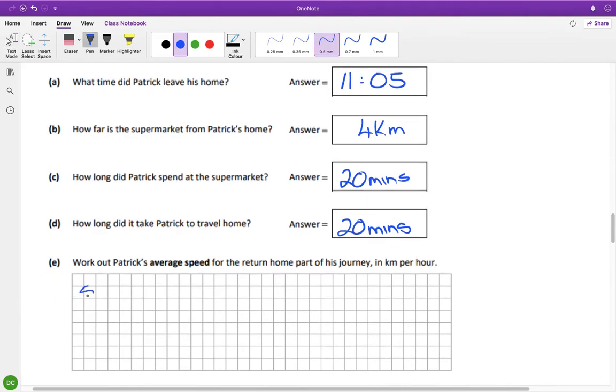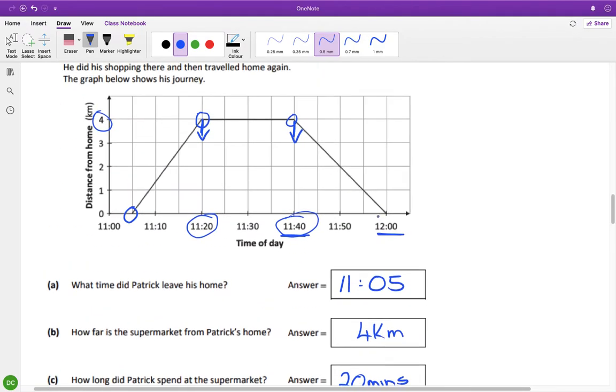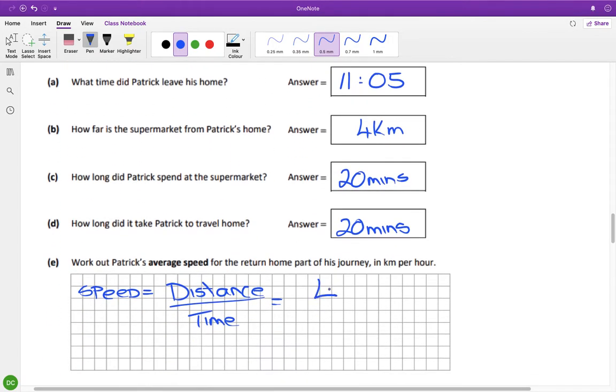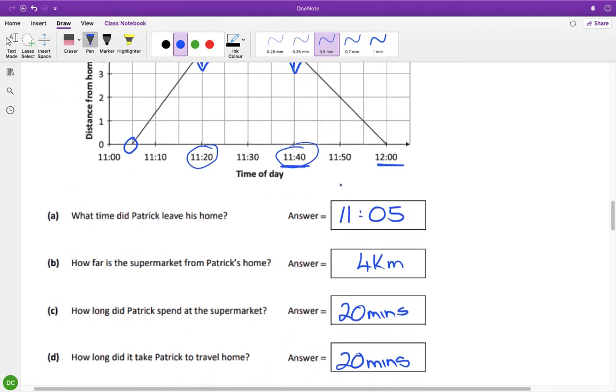Work out the average speed for his return journey. Okay, so when we do speed, this is the bit you kind of fall down on. It's distance divided by time. The return journey we're concentrating on is this part over here. So it's a 4 kilometer distance. And how long did it take him? It took him 20 minutes.